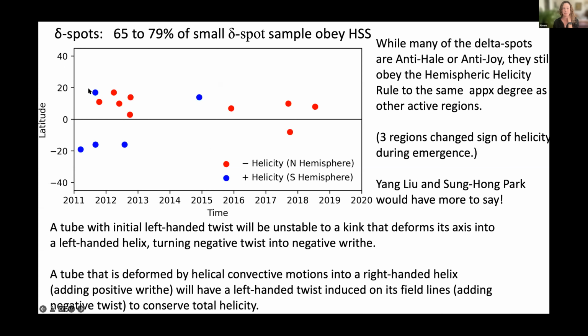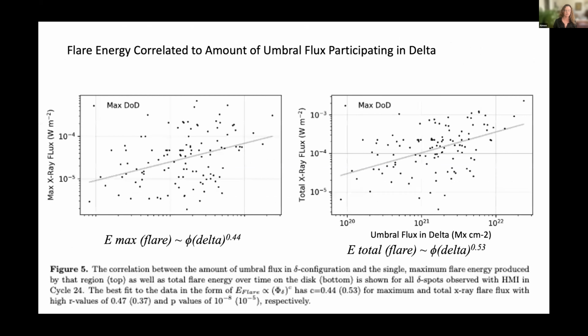And I basically see 3 spots not obeying this, which is roughly what people studying the hemispheric helicity rule, like Sung Hung Park and Yang Liu, have seen in extensive data sets, something like 60 to 70% of the active regions obeying the hemispheric helicity rule. So I find it kind of interesting that so many of the regions are anti-hail or anti-joy, and yet they're still obeying the hemispheric helicity rule.